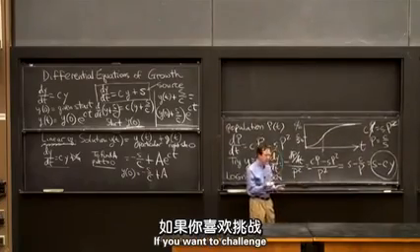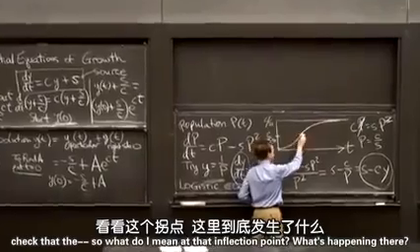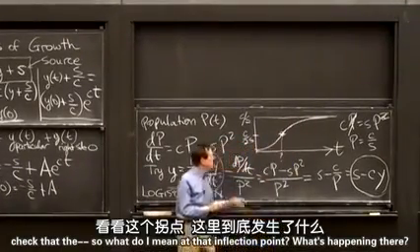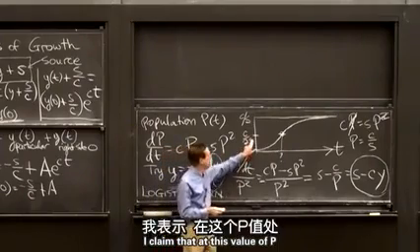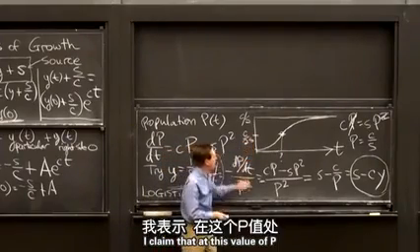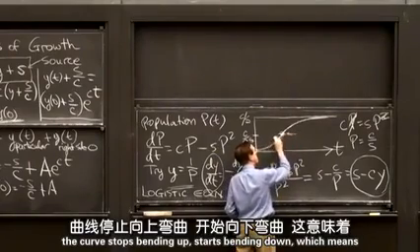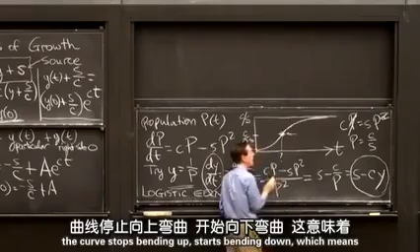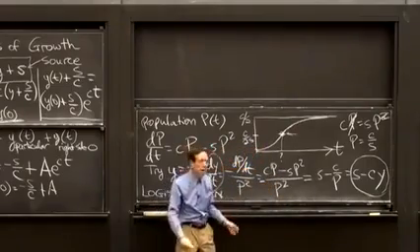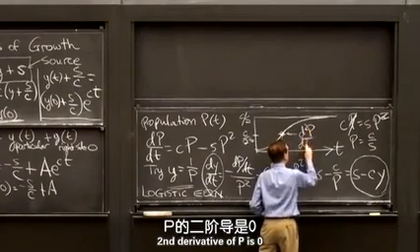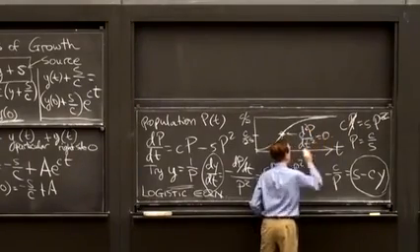If you want a challenge, check that this, so what do I mean at that inflection point? What's happening there? I claim that at this value of p, the curve stops bending up, starts bending down, which means second derivative of p is 0.